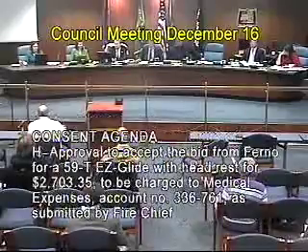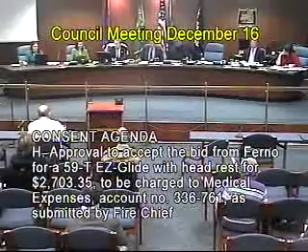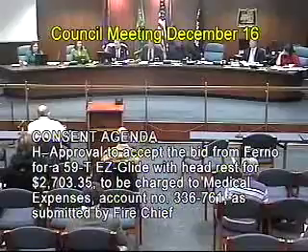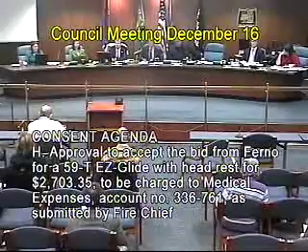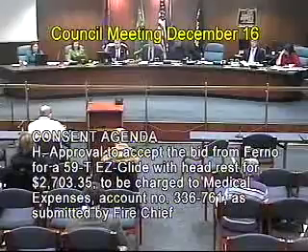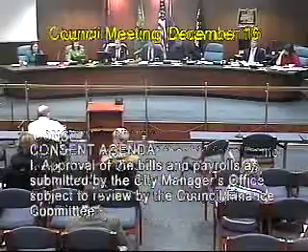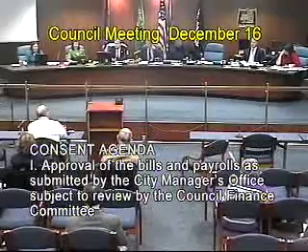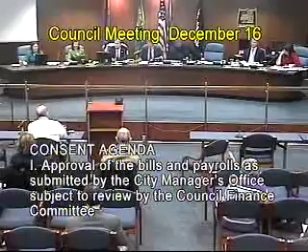Item H is the approval to accept a bid from Furno for a 59T Easy Glide with a headrest for $2,703.35 to be charged to medical expenses. And finally, item I, approval of the bills and payroll as submitted by the City Manager's Office, subject to the review of the Council Finance Committee.